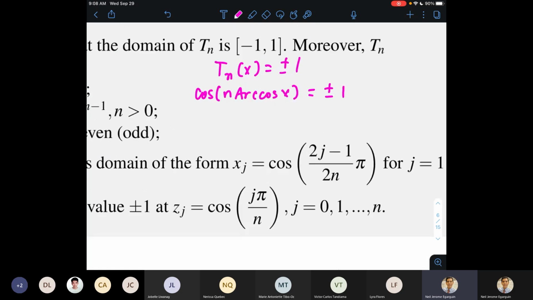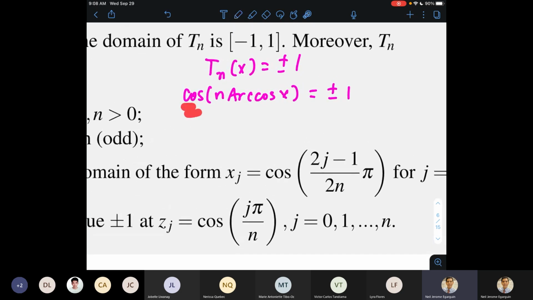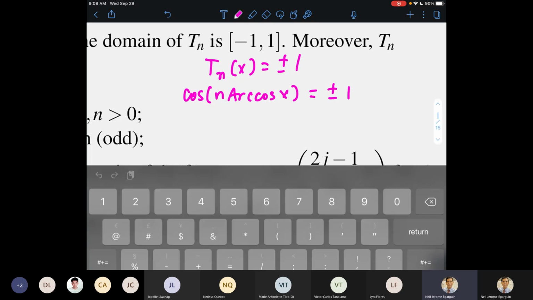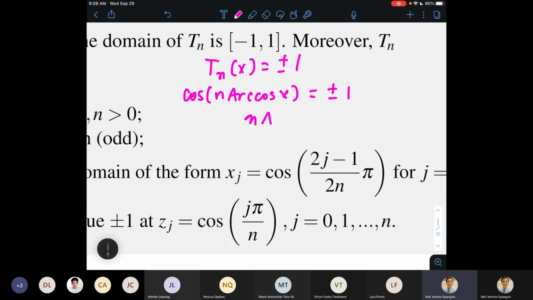And then here you will be asking the question, when is cosine plus or minus 1? Na-attain ni cosine yung maximum niya kapag ang angle niya ay multiple ni pi, like 0, pi, 2 pi, 3 pi, 4 pi, and so on. So you can say the angle here should be equal to k pi for some integer k. Right?